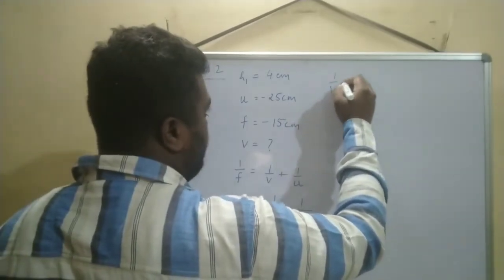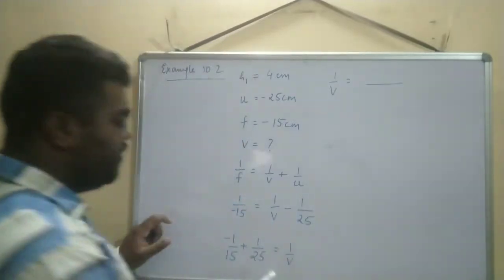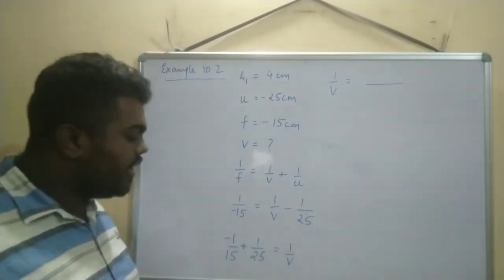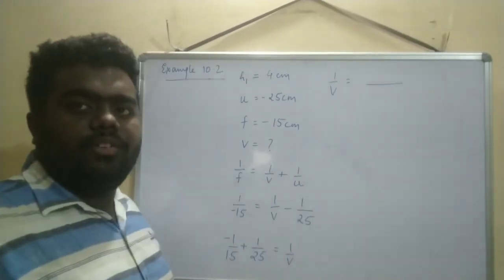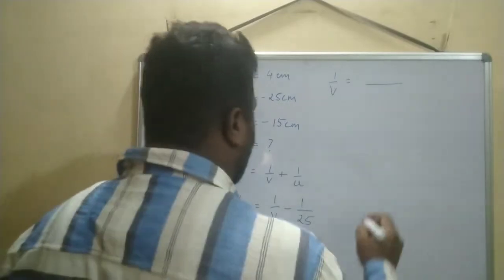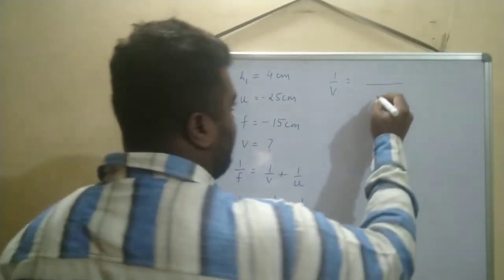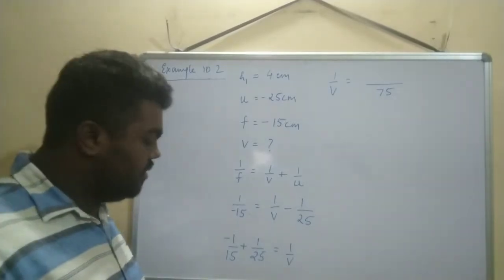So 1 by v is equal to the LCM of 15 and 25. What will it be? The LCM of 15 and 25 is 75. Remember this thing.